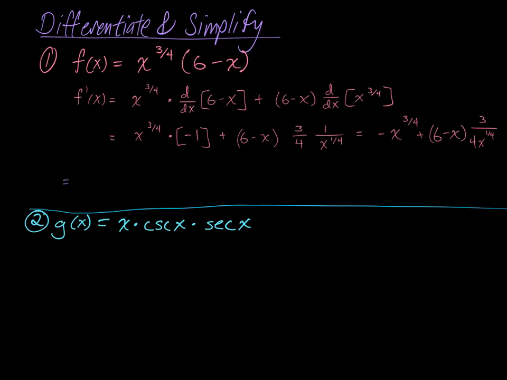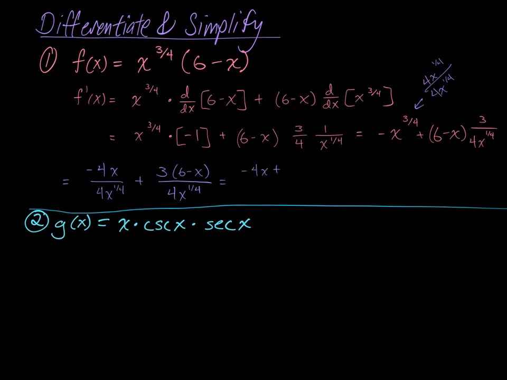So when you multiply top and bottom of this term by 4x to the 1/4 over 4x to the 1/4 power, that will leave you with -4x over 4x to the 1/4 plus 3 times 6 minus x over 4x to the 1/4.